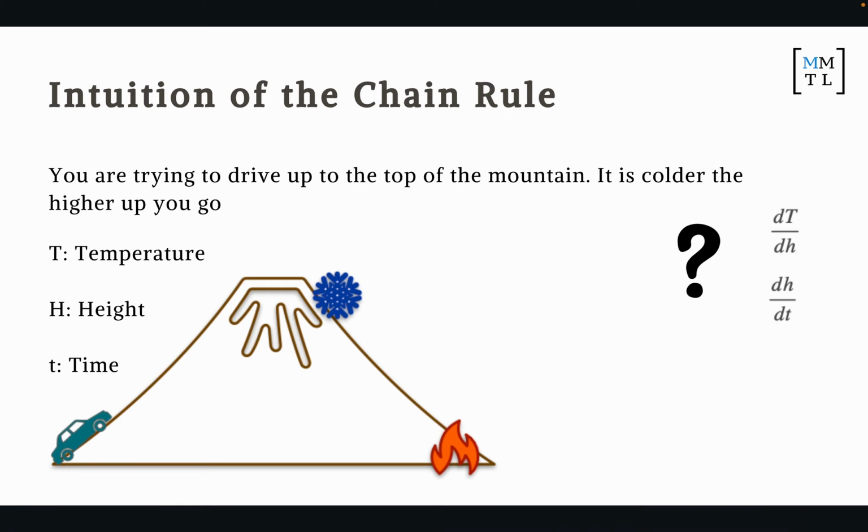So these are the variables: T for temperature, H for height, and t for time. So what is dT over dH put into words?